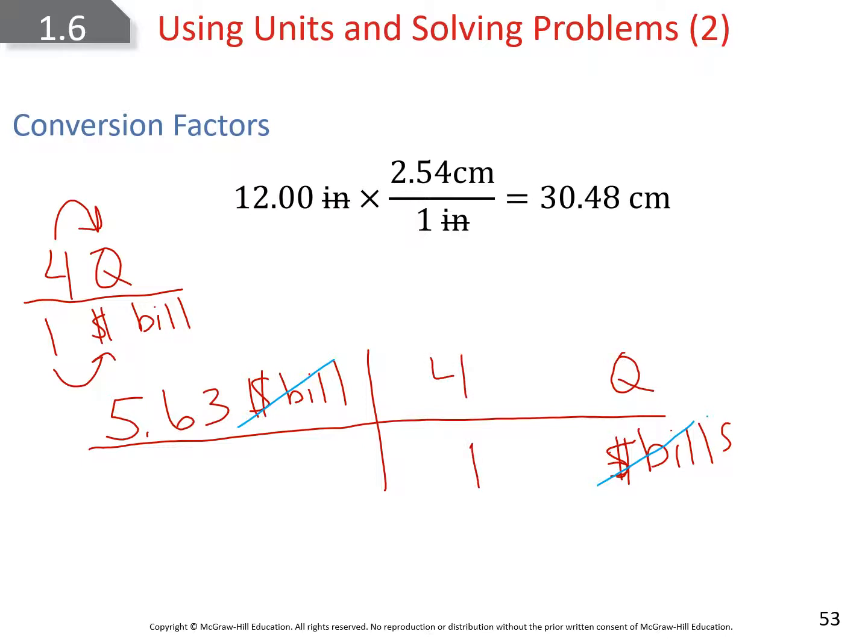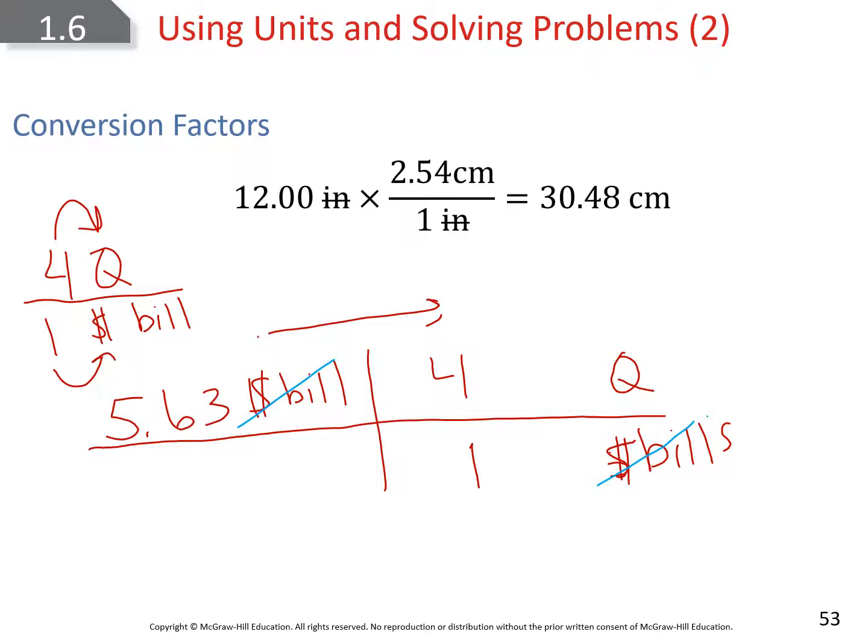When I take 5 seconds and do it this way, I never get it wrong. I always put everything I need in the correct space so it cancels out. Now I'm going to go ahead and multiply the top across, and I'm going to do that with my calculator. So let me just do that. 5.63 times 4.